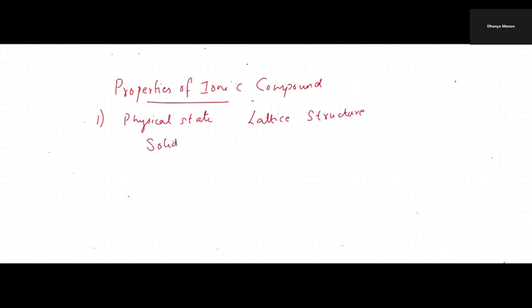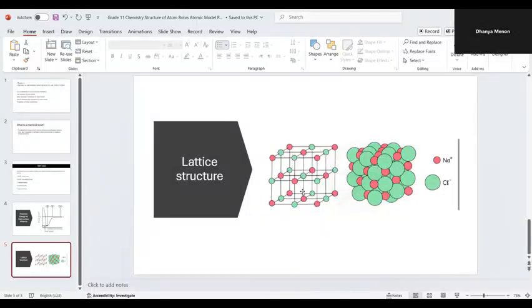I'll give an example of a lattice structure for sodium chloride. This is the lattice structure of sodium chloride, or rock salt. You can see it's a three-dimensional shape, and ionic compounds are solids at room temperature.